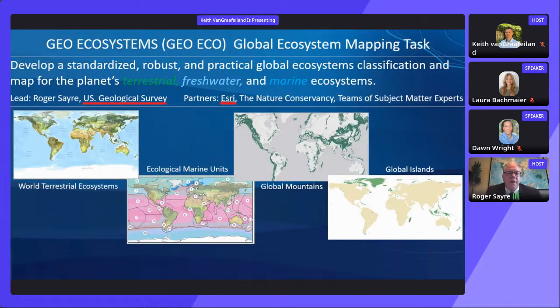I have been engaged in GEO from the beginning and have for years led an activity in GEO ecosystems to develop these robust and practical ecosystems. And although I am the official activity lead for GEO in this effort, ESRI is really the spatial engine for developing the data.